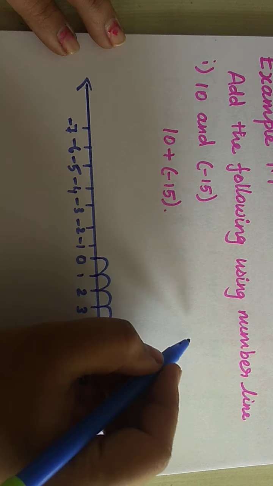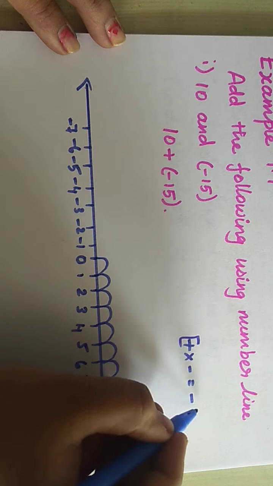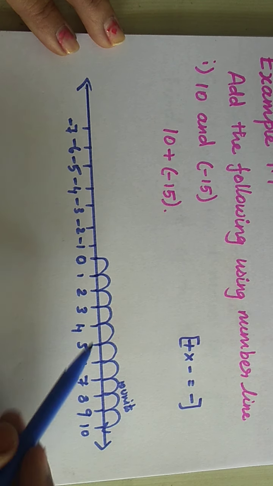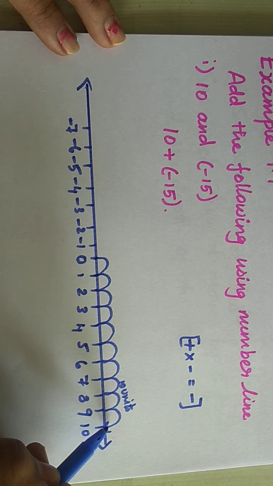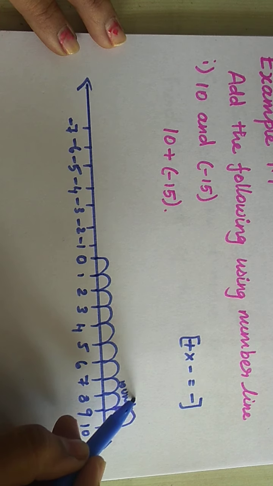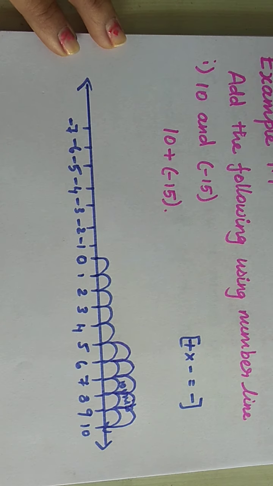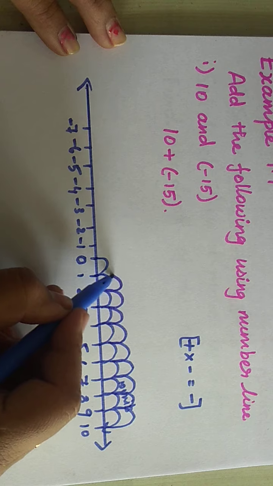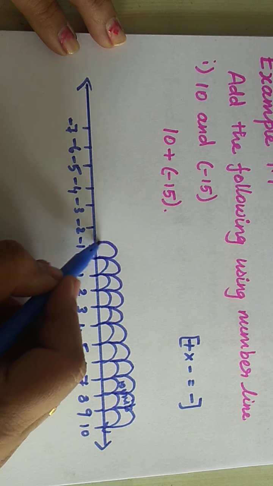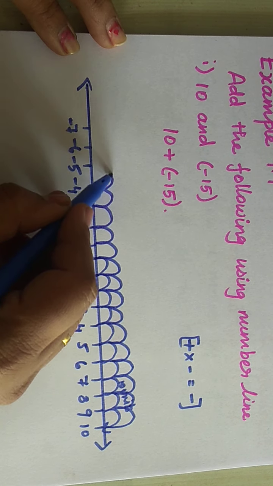Plus into minus means we have to change it as subtraction. So we have to subtract 15. Minus 15 means from 10 we have to subtract 15 units. So from 10, 1, 2, 3, 4, 5, and 6, 7, 8, 9, 10, 11, 12, 13, 14, 15.